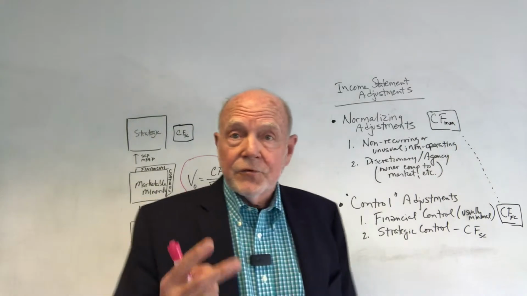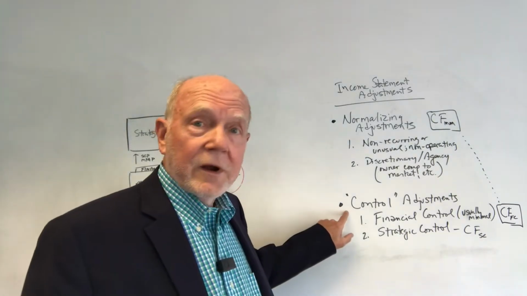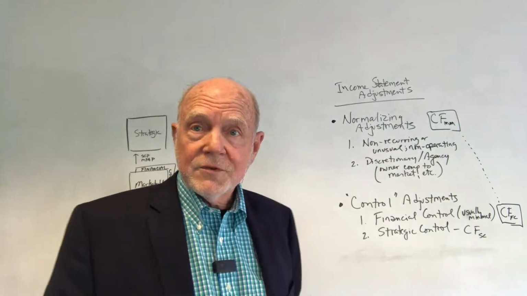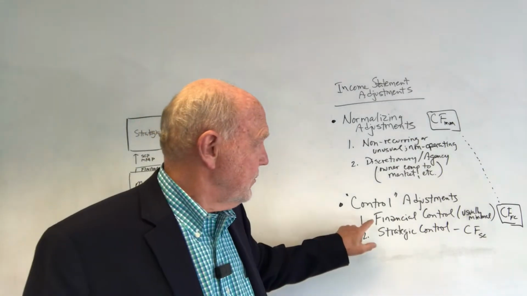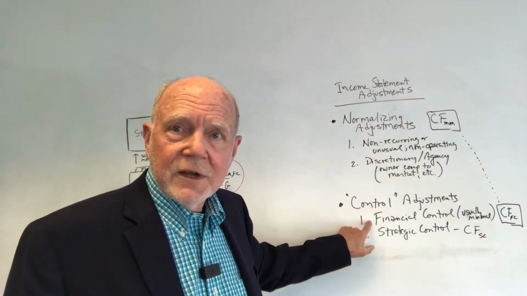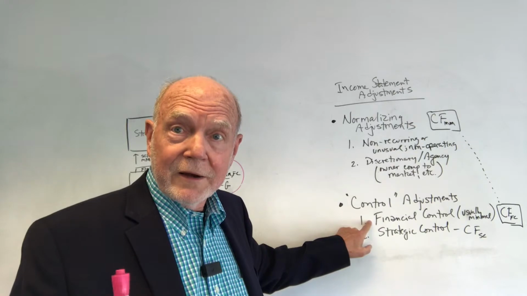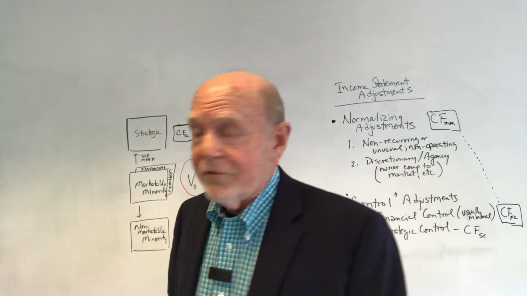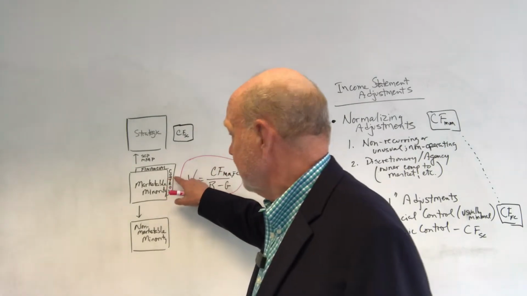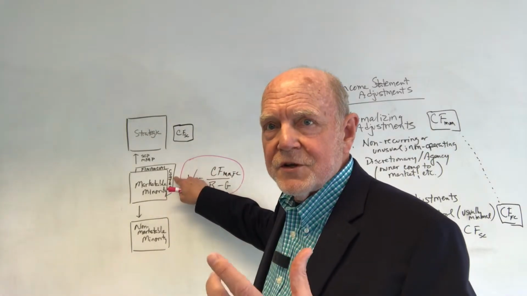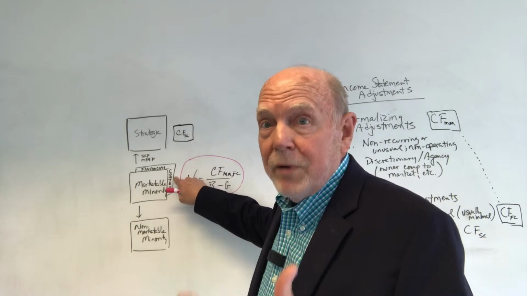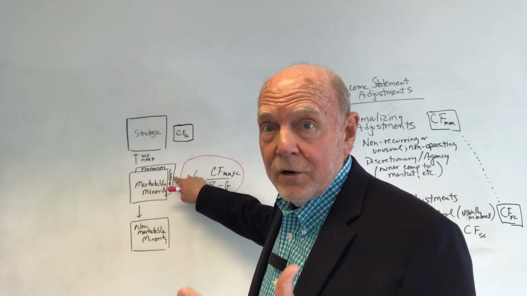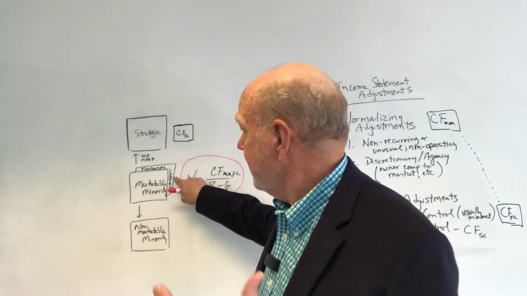The second kind of adjustments are what I call control adjustments. And they're adjustments to relate the income statement to the financial control buyer or to the strategic control buyer. On the levels of value chart, the financial control adjustments might be those adjustments that a buyer would make and share in valuation with a seller.